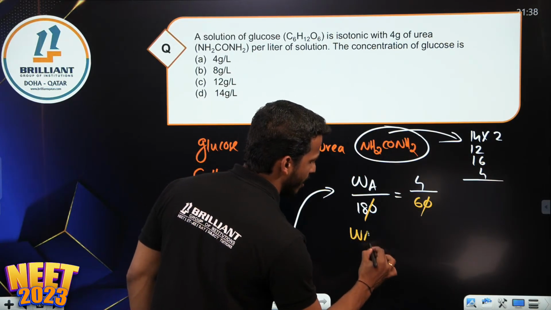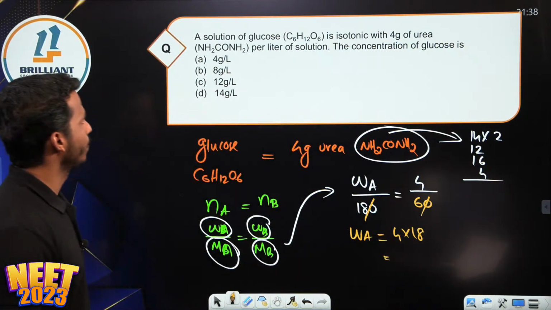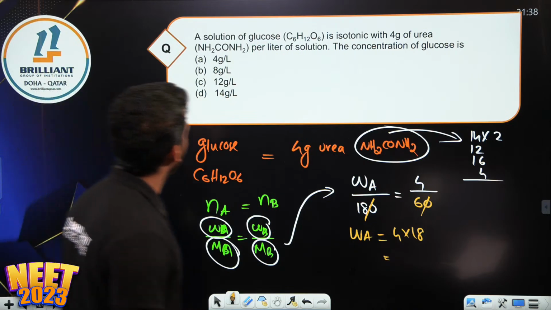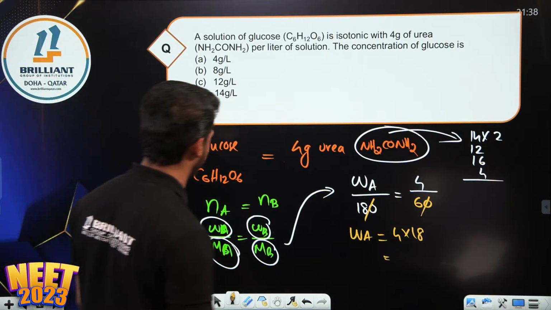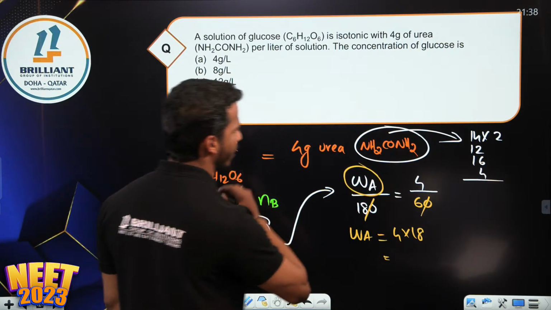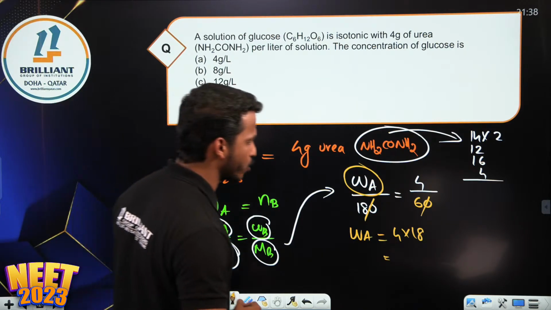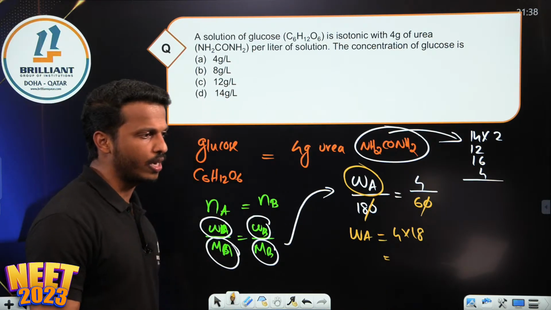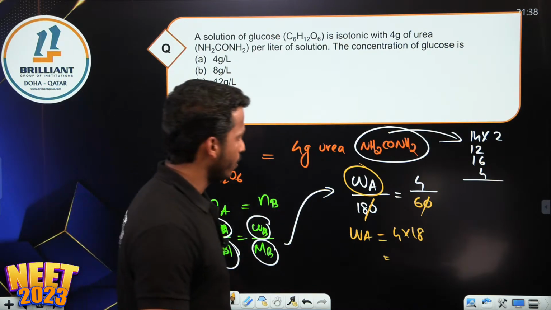So WA is equal to 4 into 18. What is the answer, dear all? The correct answer is not mentioned, right? The concentration of glucose is given, the weight of solvent is what we are supposed to calculate. So what is the correct answer actually? They're asking the weight, right?